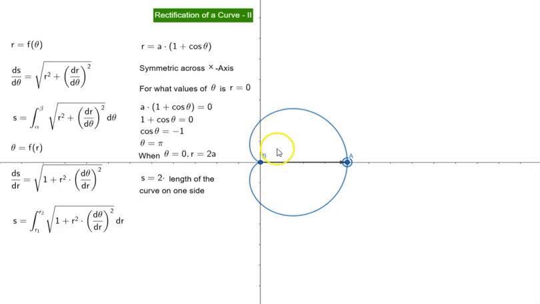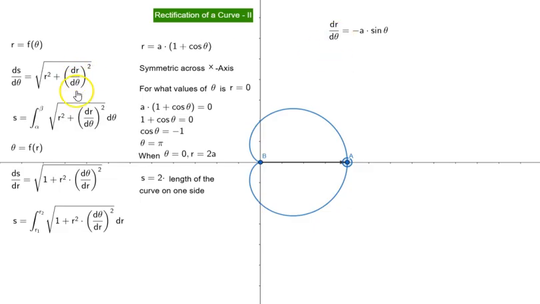Now, since it is symmetric across the x-axis, what we can do is focus on one side, figure out the arc length and multiply it by 2 to get the length of the entire curve. We require dr by d theta.